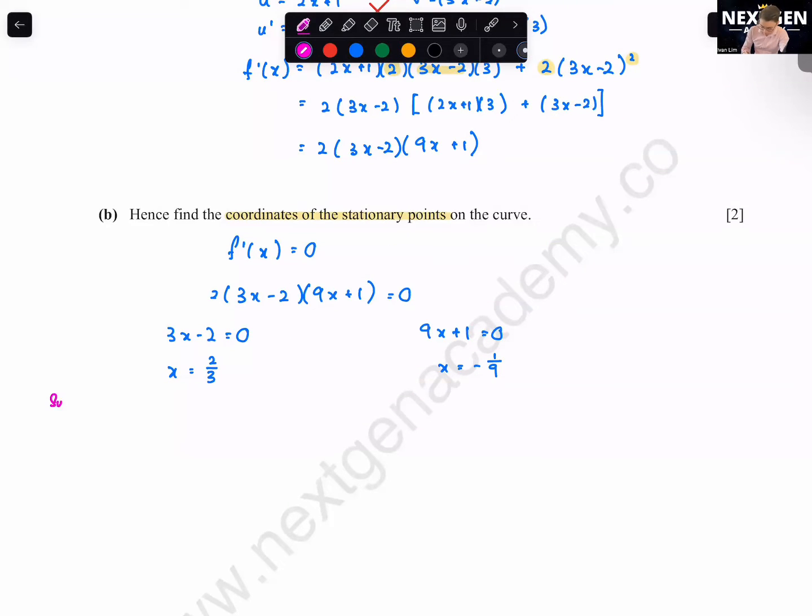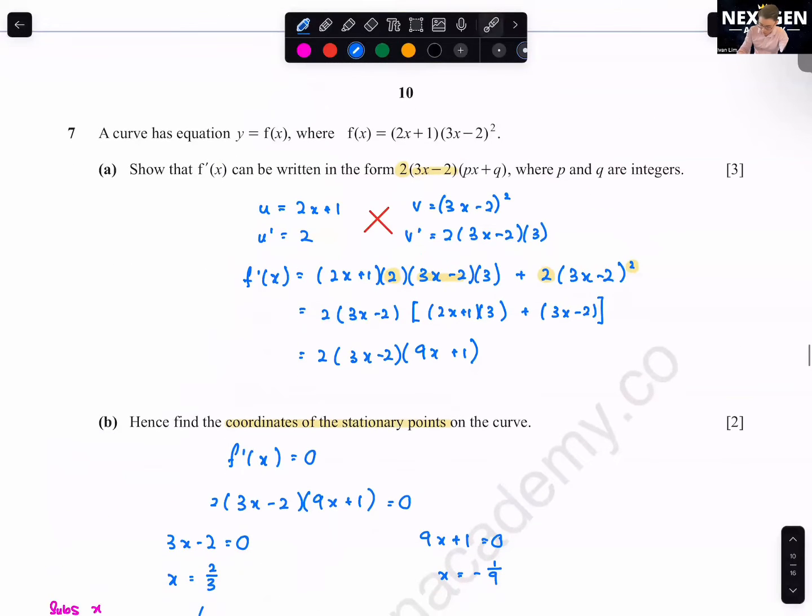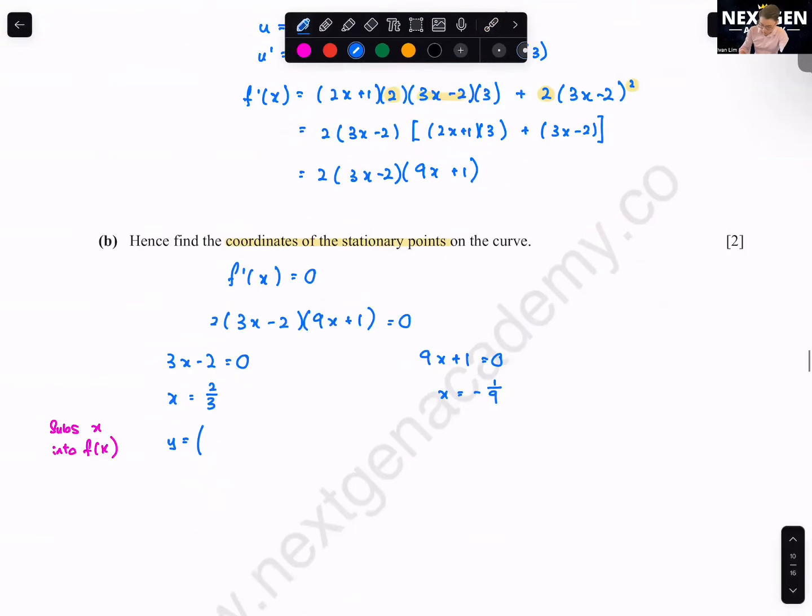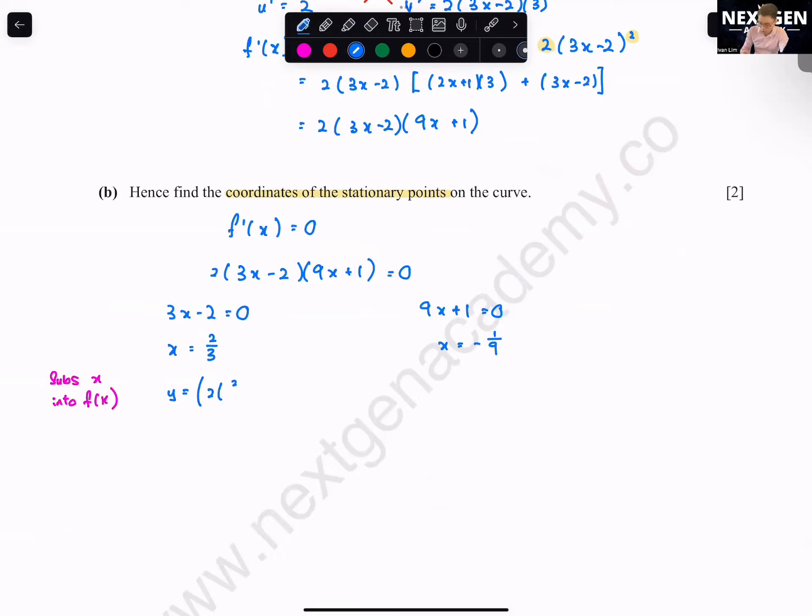I'm going to substitute x into f(x) because I want to find my y value. So you can write down the equation: (2 over 3 times 2 plus 1)(3 times 2 over 3 minus 2) squared.